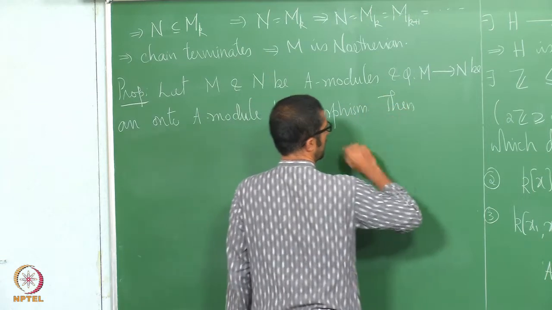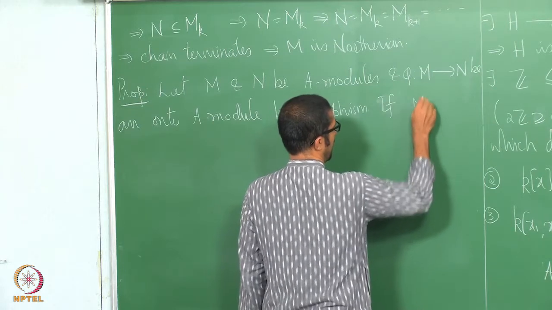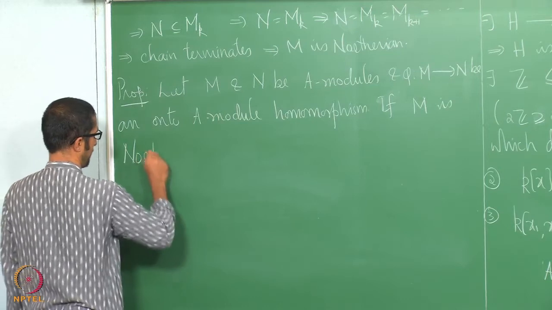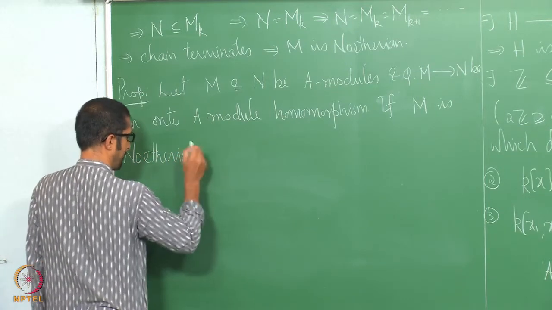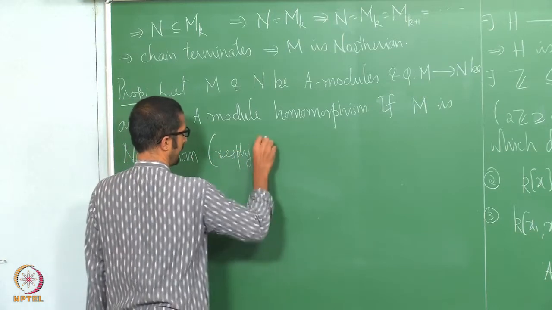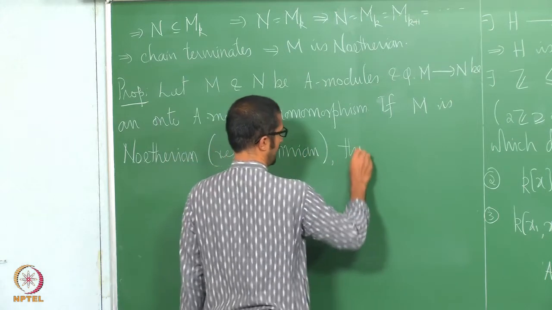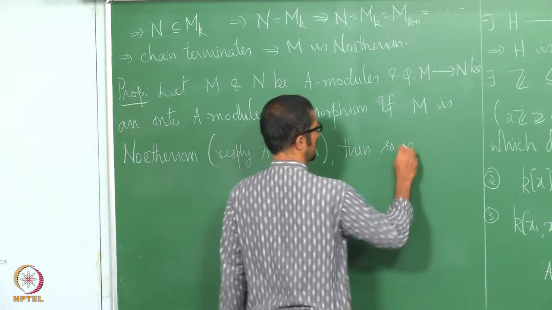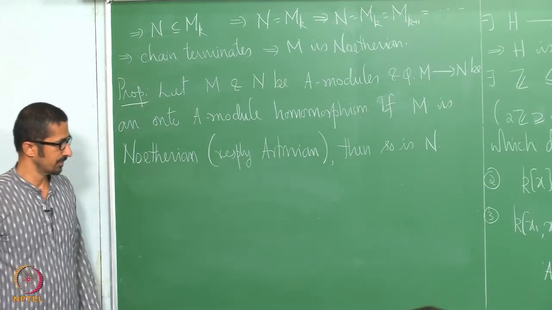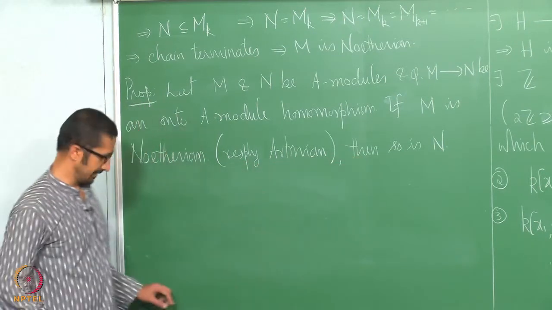Then if M is Noetherian, respectively Artinian, then so is N. That is, N is Noetherian, respectively Artinian.